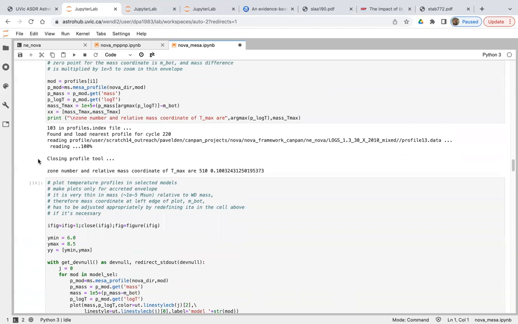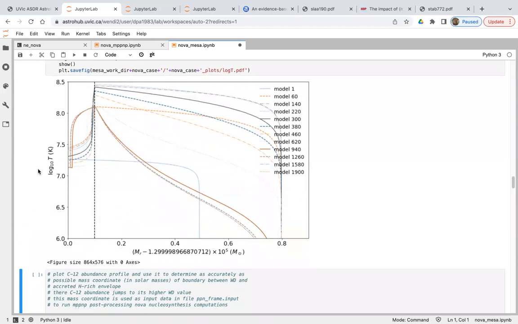So now we are going to plot temperature profiles, right? These show the decimal logarithm of temperature in the envelope as a function of this mass coordinate. Again, we have to choose a transformed mass coordinate, because the mass of the accreted envelope is small, of order 10⁻⁵ solar masses. This vertical line corresponds to the interface between the white dwarf to the left and the accreted envelope to the right.